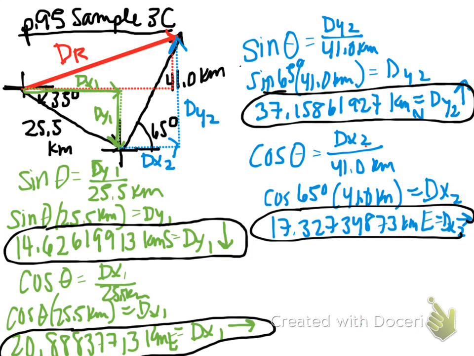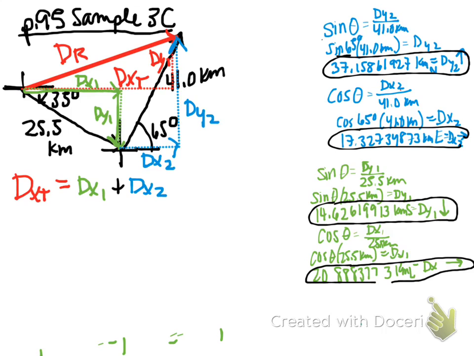So now we're ready to do our big overall. And it's helpful, of course, to label these. So this red line here is our dx total, and this red line here is our dy total. Okay. So dx total is going to equal dx1 plus dx2. dx1 and dx2 are going in the same direction.